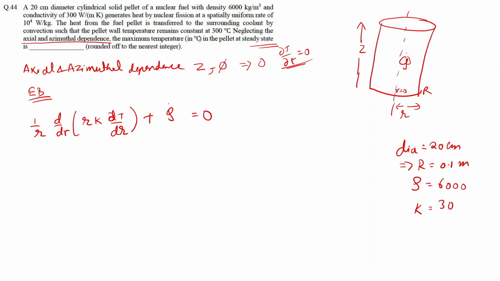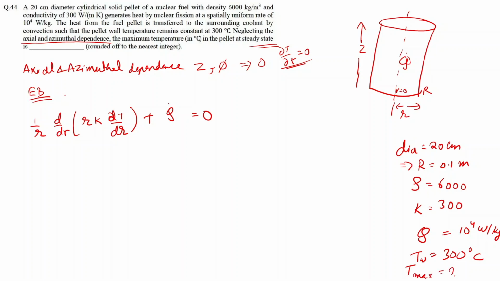Conductivity k is 300. Now Q dot we have been given as 10 raised to 4 watt per kg. And the pellet wall temperature we have been given as 300 degrees Celsius. And we have to find T max.